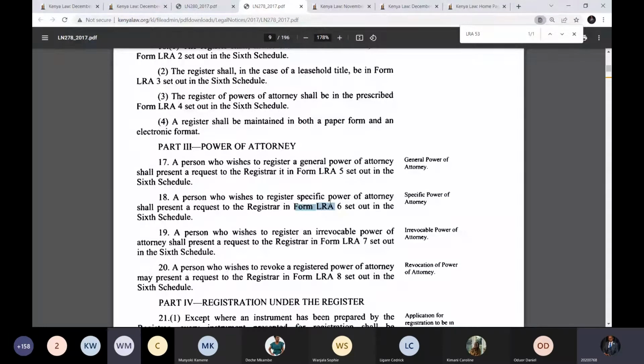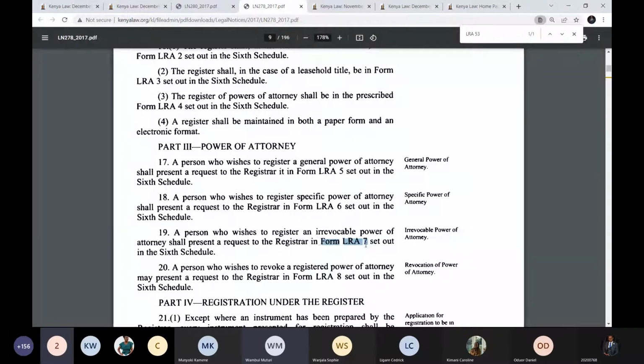For the specific, it gives the donee specific powers, for example to act on a particular property, so it is limited to that property. Whereas the general gives various powers that are not limited to a specific task.